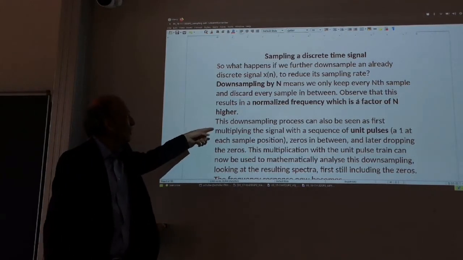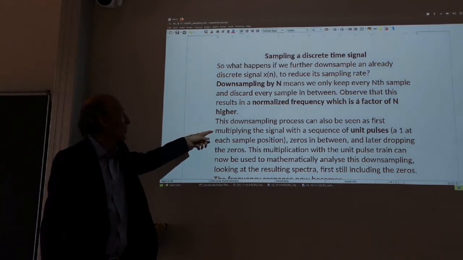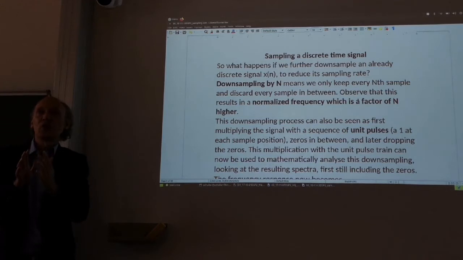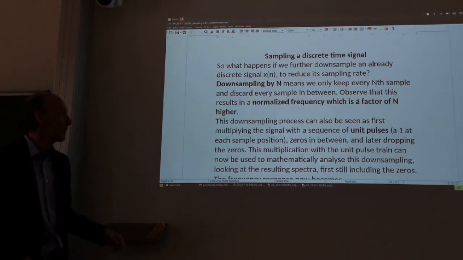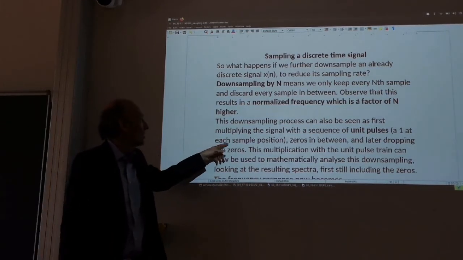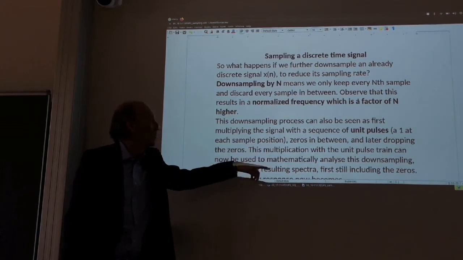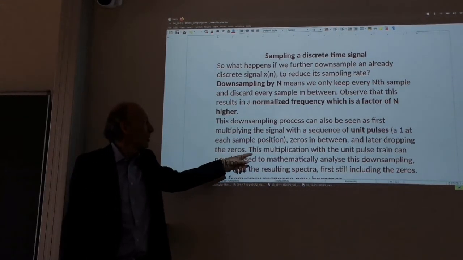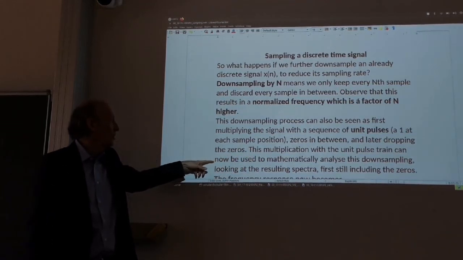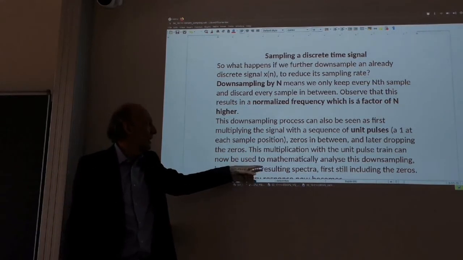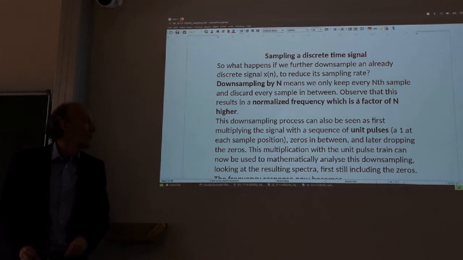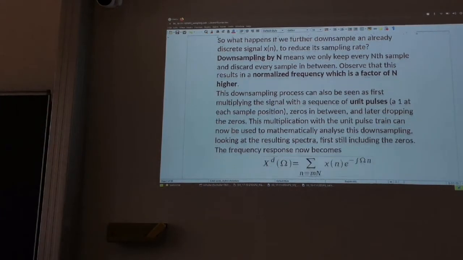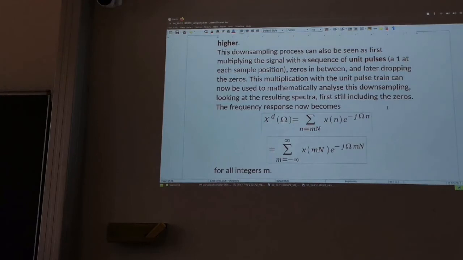This downsampling process can also be seen as first multiplying the signal with a sequence of unit pulses. So now it's not Dirac, but unit, it's just a one at each Nth sample position, and zeros in between, and later dropping the zeros. So this multiplication with the unit pulse train can now be used to mathematically analyze this downsampling, and for looking at the spectra, first still including the zeros.